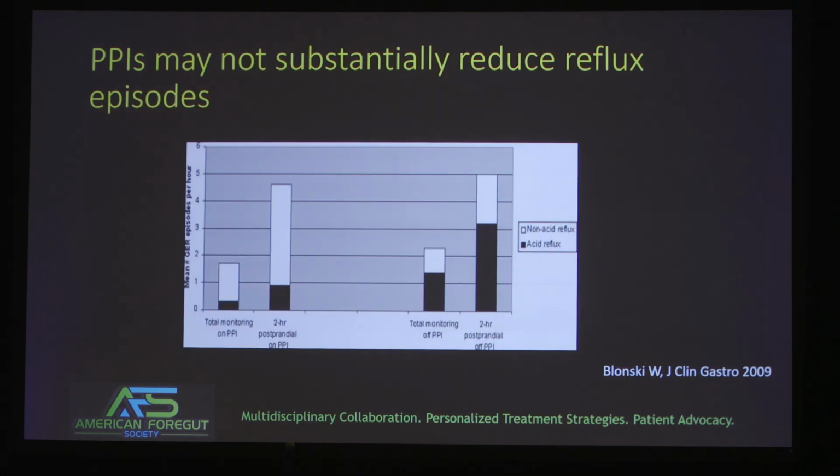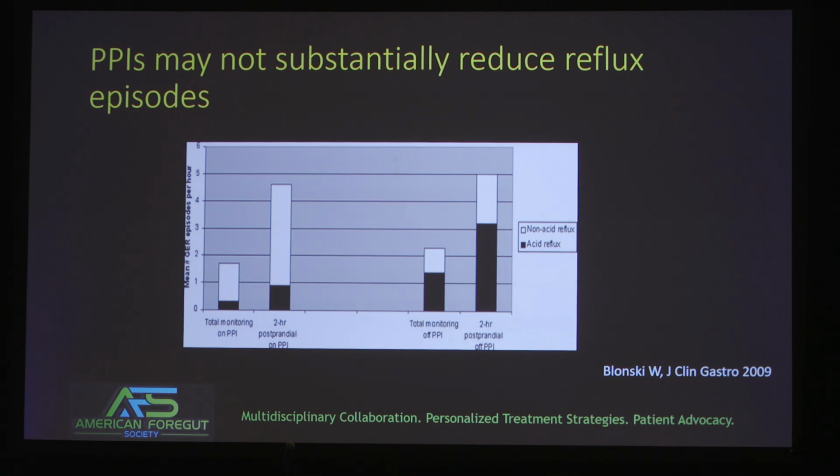And remember also that PPIs may not substantially reduce reflux episodes. Again, a retrospective study from Don Castell's group looking at impedance pH data, looking at the total number of reflux episodes per hour on the y-axis. Patients who were monitored on a PPI, left-hand set of bars, monitoring off of PPI on the right-hand set of bars.